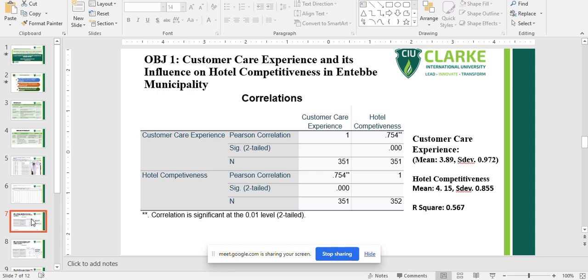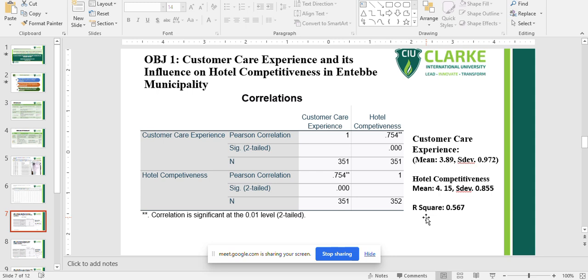So the level of significance is indicating that it is very significant. Here I've not put a table of the regression model, but instead pulled out the R square from the regression model. The R square, which is squaring the R value, is 0.567.